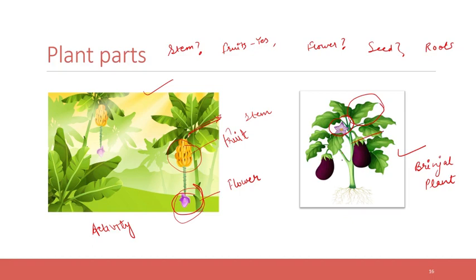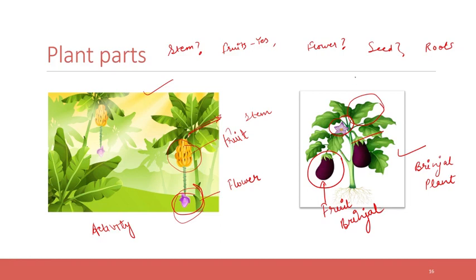The only thing you can eat is the fruit of the brinjal plant, which is the brinjal. Only the fruit part of the brinjal plant is edible.